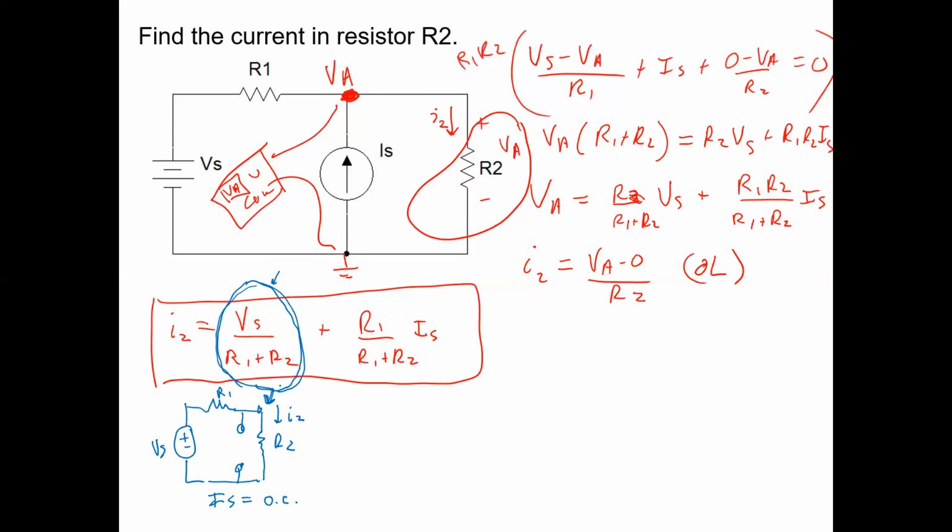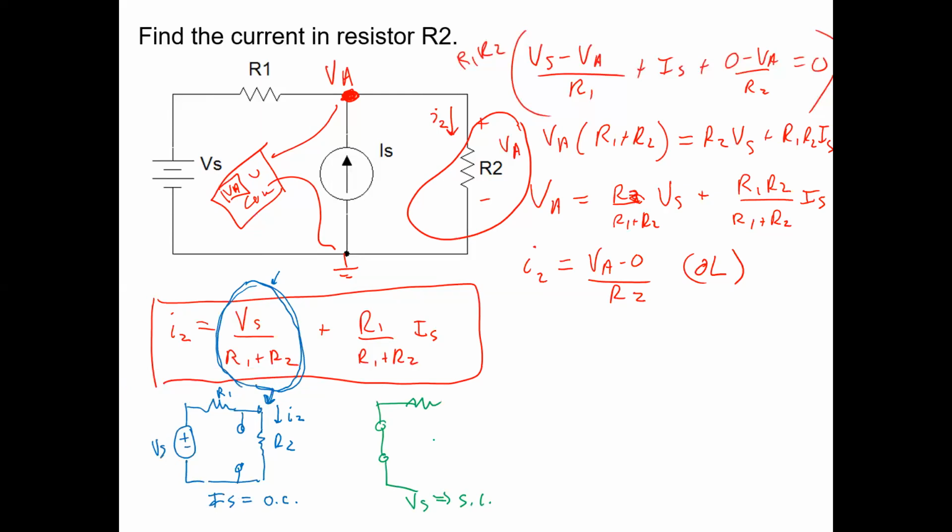source alone, right? Now, taking that another step further, suppose we had redrawn that circuit and where that voltage source is, we're just taking it out and we've replaced the Vs with an SC.